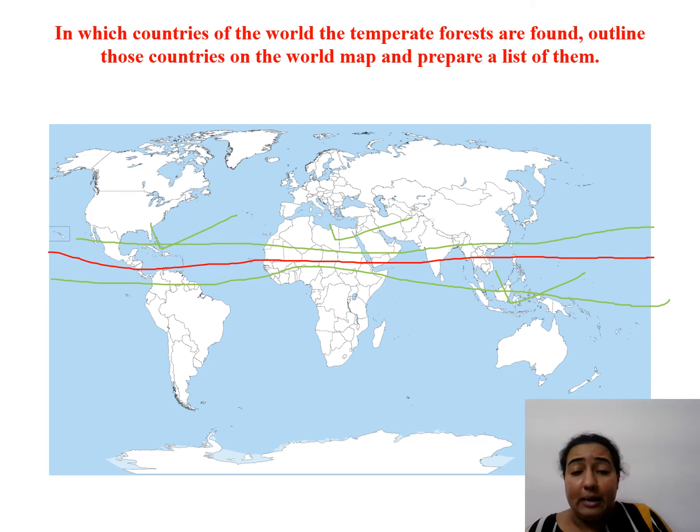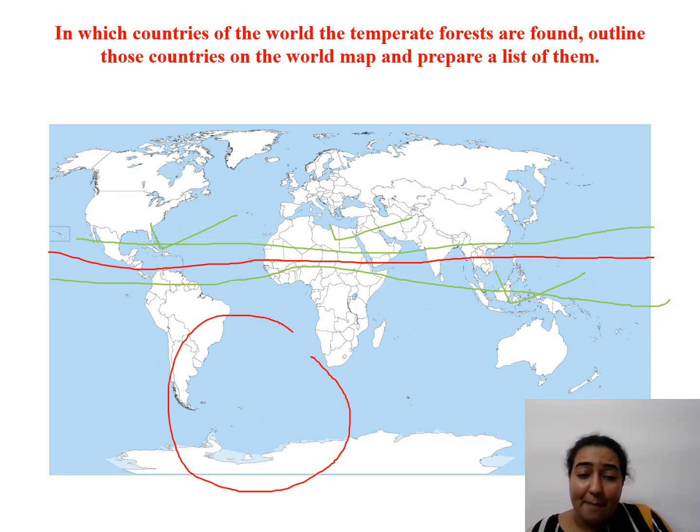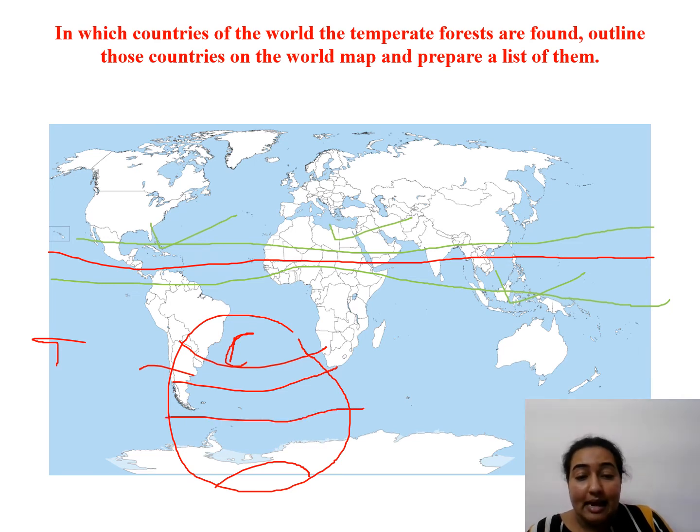Earth is so big. This is a world map. Somewhere we have northern coniferous forest in these areas. Then we have tropical grasslands, and in this area we have temperate forest or temperate grasslands.